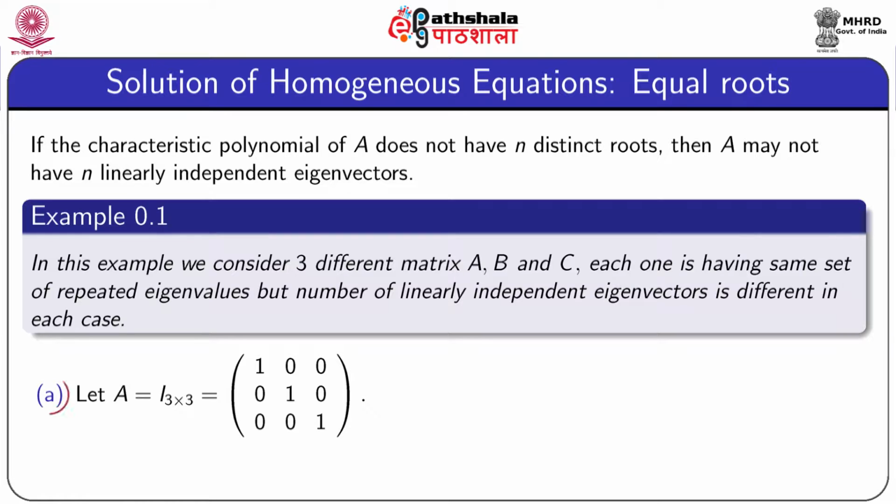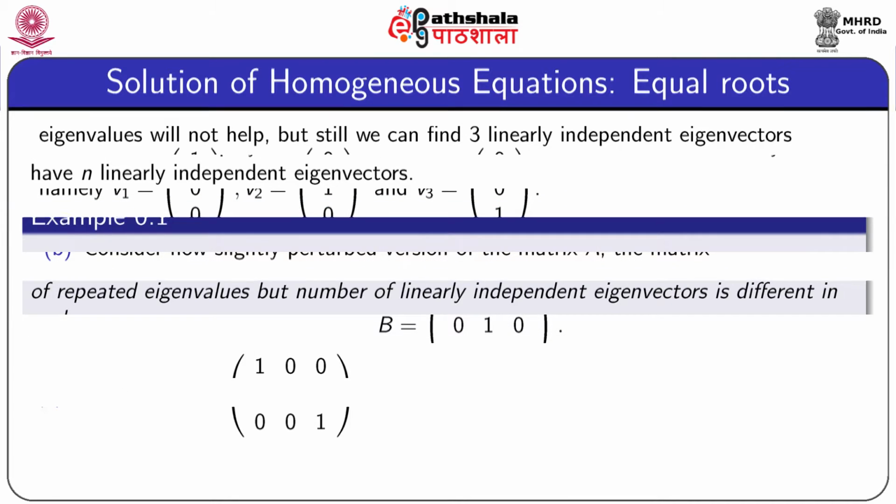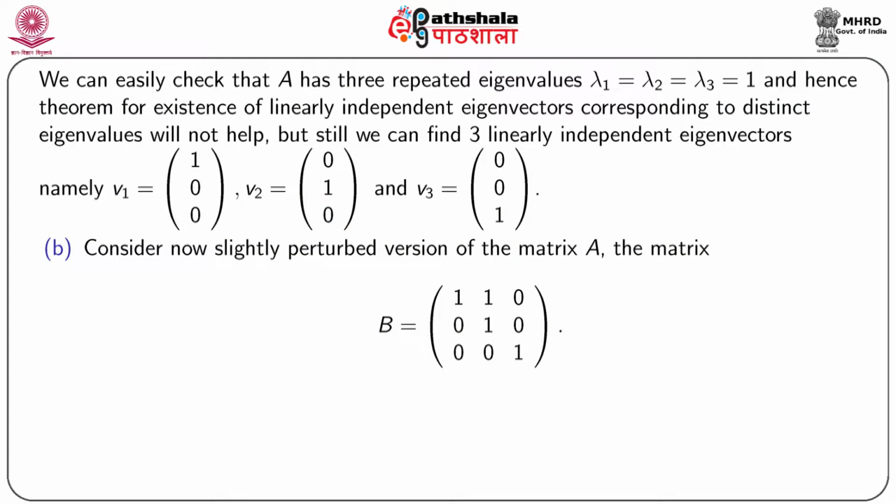Let A, which is also equal to I, the identity matrix, be taken as 1 0 0, 0 1 0, 0 0 1. It is easy to check that A has three repeated eigenvalues, lambda 1, lambda 2, lambda 3 equal to 1.